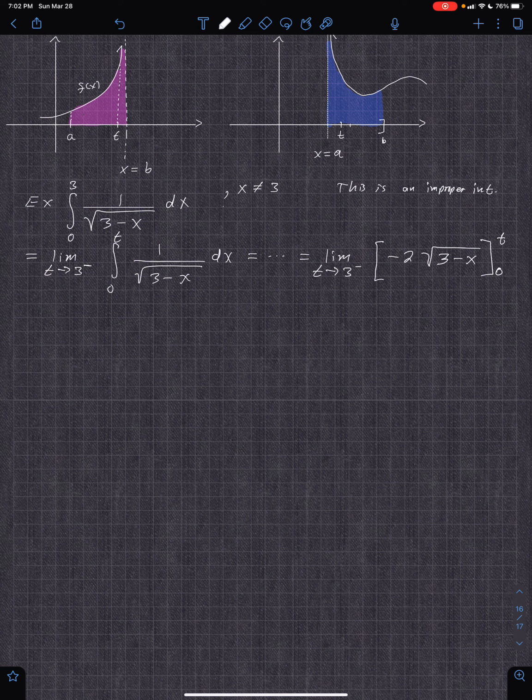You have a negative in front. Make this into negative a half, and then you'll get that. Okay, so then substitute in your values. So that's the limit as t approaches 3 on the left of negative 2 square root of 3 minus t plus 2 root 3.